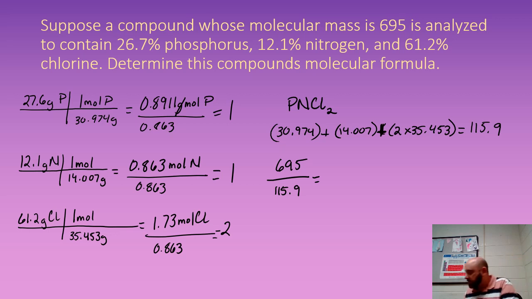And we see that that is a result of about 6. So our empirical formula has been reduced using the common denominator 6. We're going to multiply everything in those subscripts by 6 to arrive at the molecular formula, meaning that the molecular formula for this compound is P6N6Cl12.